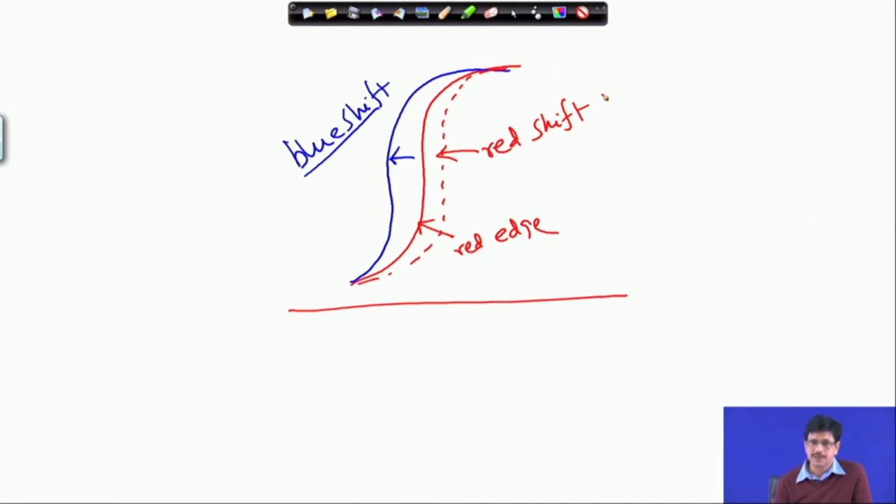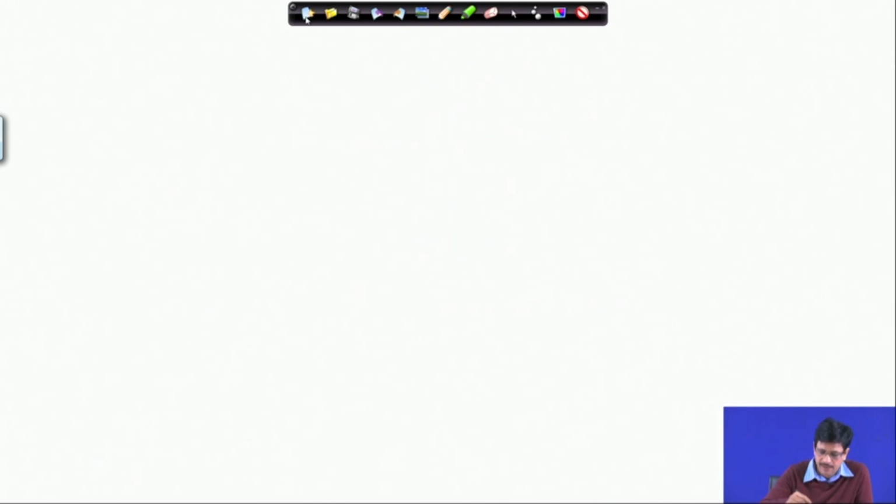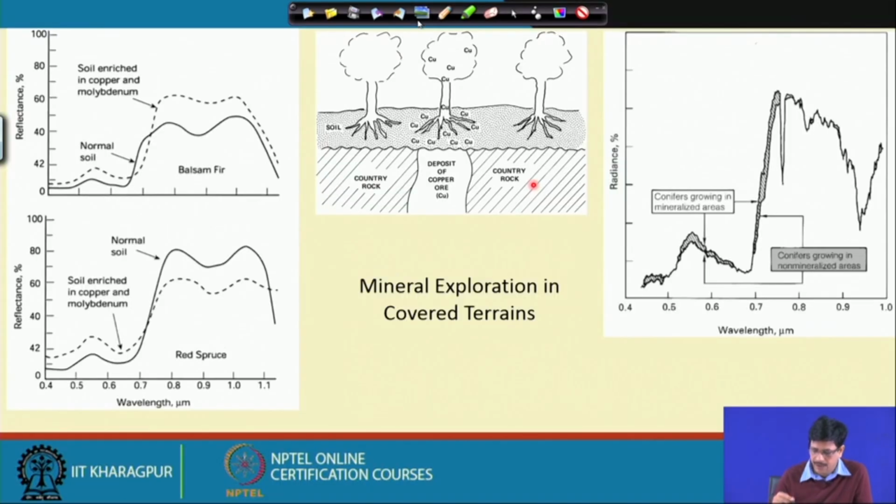And sometimes it is observed that this red edge also changes its position during the phenological cycle of the plants in the deciduous forest, which grow in the subtropical or monsoon kind of climatic zone, such as in India. And the one which is shown here is the red edge.